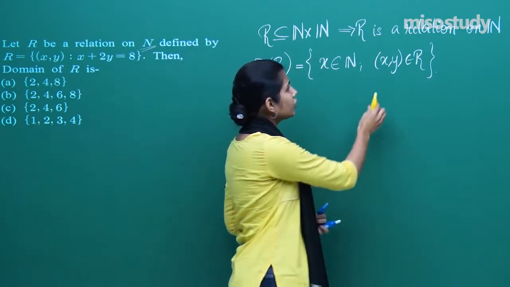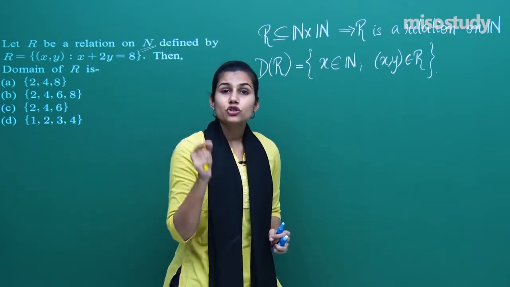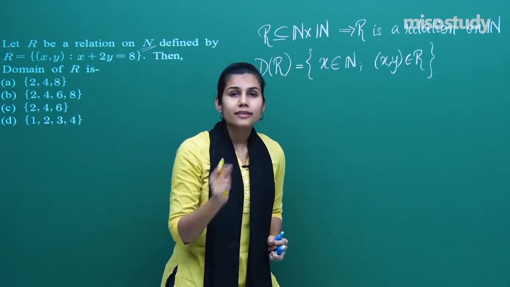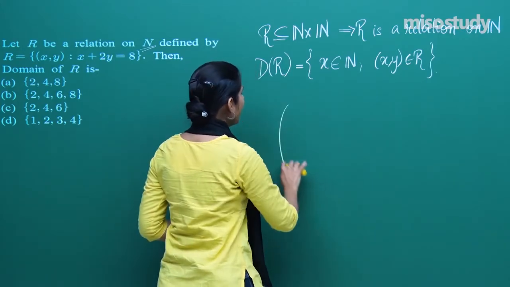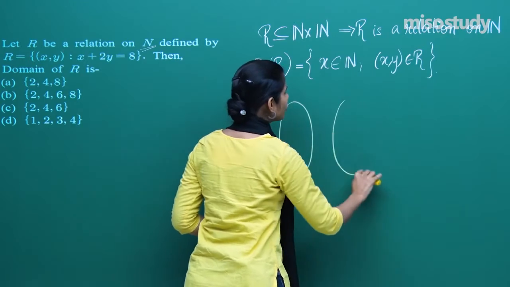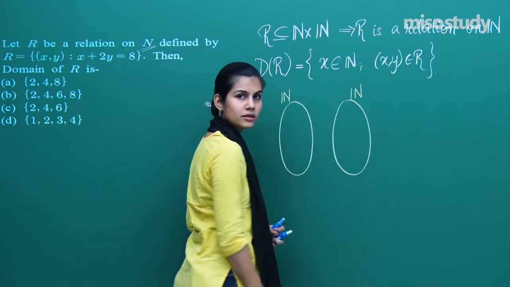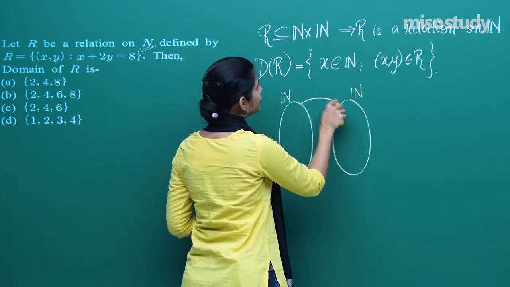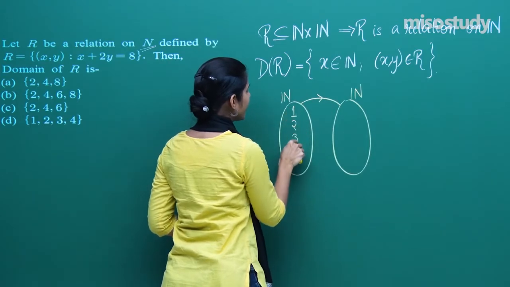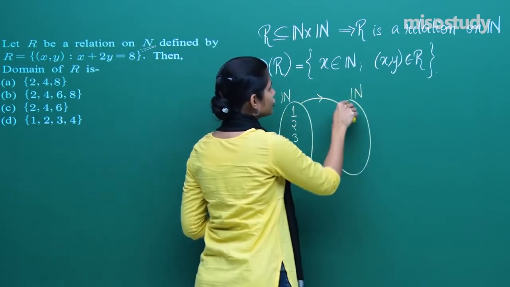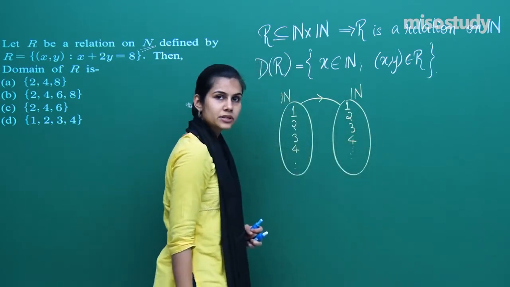Obviously, as you can see, in order to collect the first components of the ordered pairs sitting inside R, we should first be aware of what are the ordered pairs sitting inside R. Obviously, my R is a subset of N cross N. And so, I am interested in the relation R that is basically going to relate the natural numbers to natural numbers.